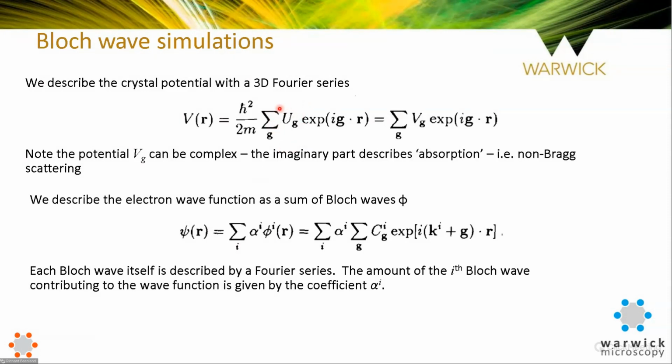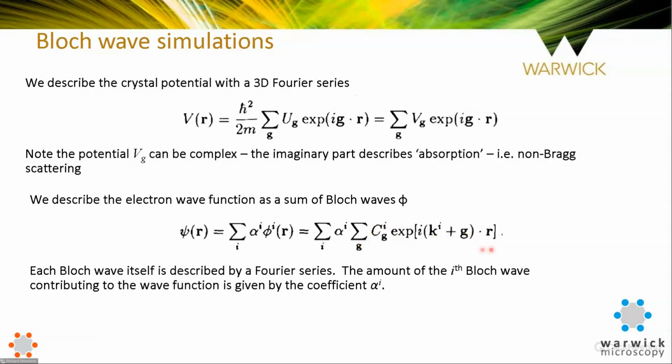These Fourier coefficients can be complex. So the imaginary part describes absorption, which is non-Bragg scattering, or scattering that is lost from the Bloch waves. We describe the transmission wave function, so the wave function of the transmitted electron, as a sum of Bloch waves. And the Bloch waves are also themselves a sum of plane waves.